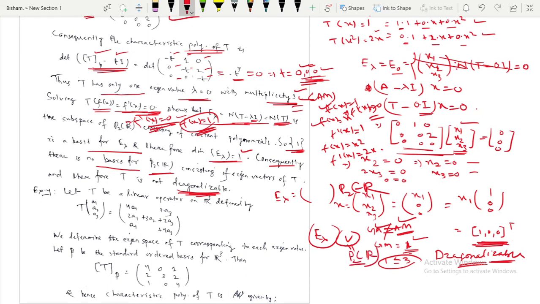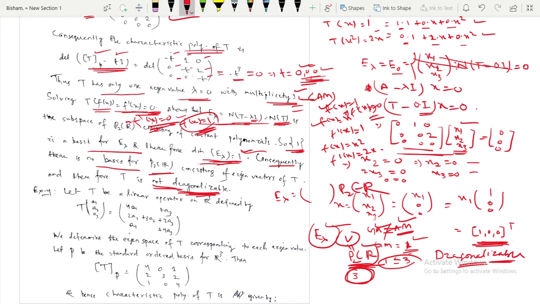P2R is a vector space of dimension 3, so it should generate 3 eigenvectors, or the dimension of E lambda should be 3, but here we are getting only 1. That's why it is not diagonalizable.